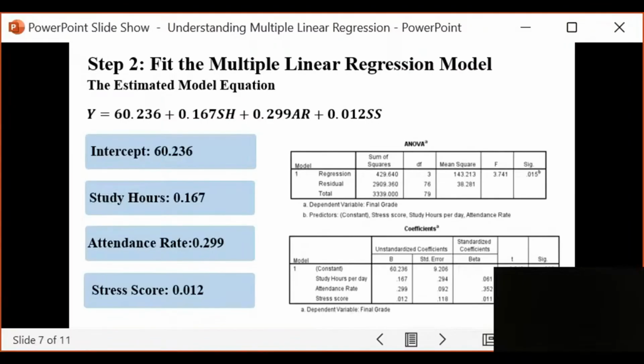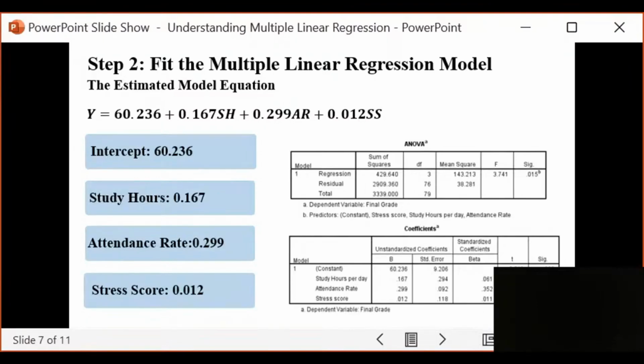So to summarize, this model shows that attendance rate is the strongest and most significant factor affecting final grades, while study hours have a weaker effect and the stress score has no significant impact. Overall, our model is statistically significant and helps explain variations in student performance.